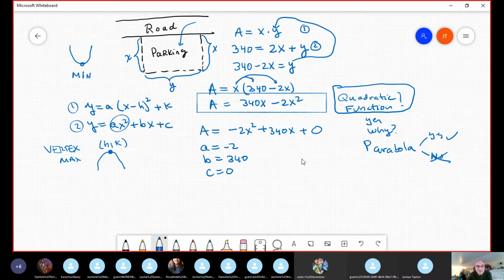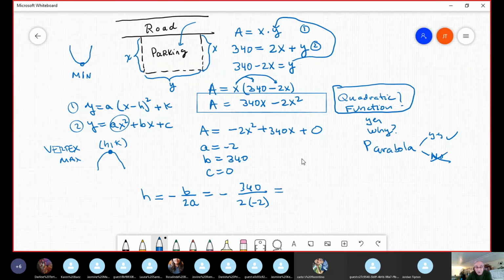h is given by the super fantastic, super easy formula: minus b over 2a, which is minus 340 divided by 2 times negative 2, because a is negative 2. Look, I substitute. Immediately analyze how many negatives we have: we have 2, and two negatives make a positive.